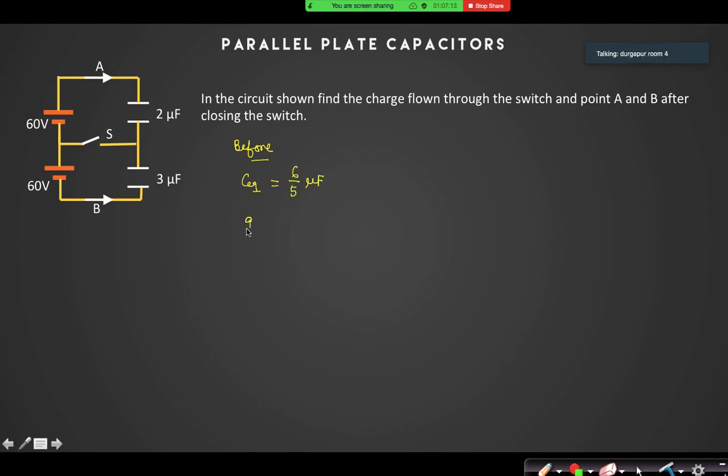So the charge on each capacitor, I will use the equation Q equal to C into V. So that will be 144 microcoulomb. So that will carry plus 144, that will be minus 144, that will be plus 144, and that will be minus 144. It was the before situation.